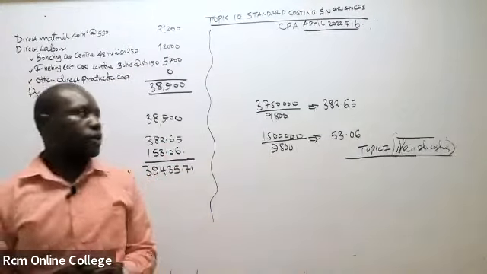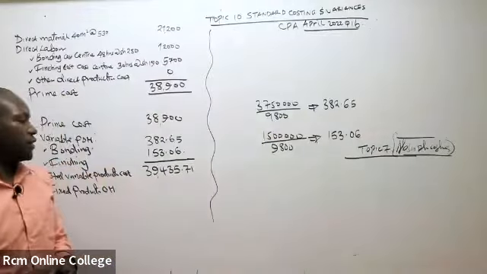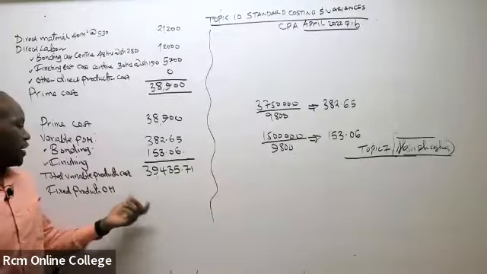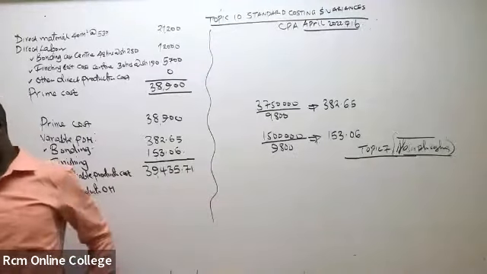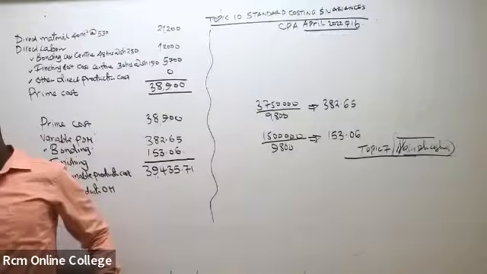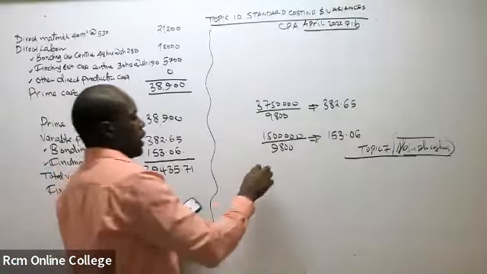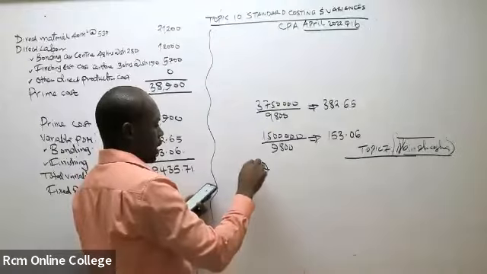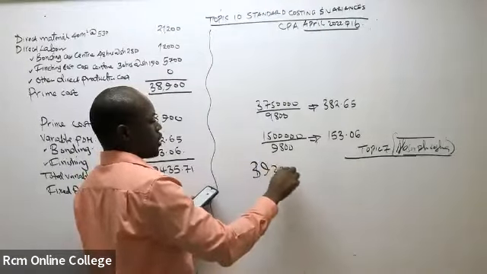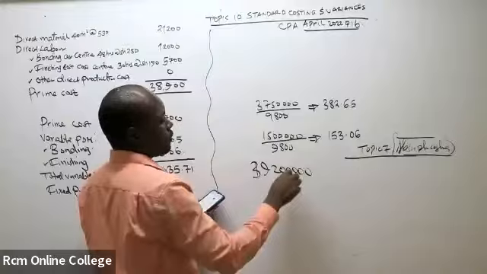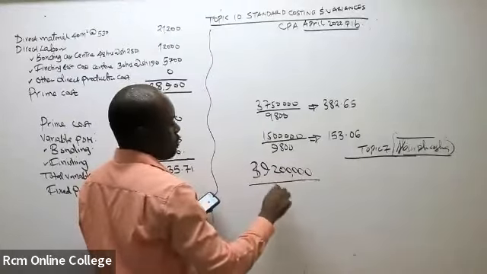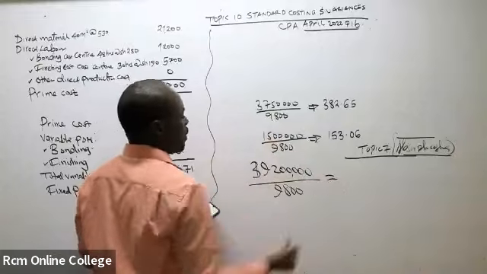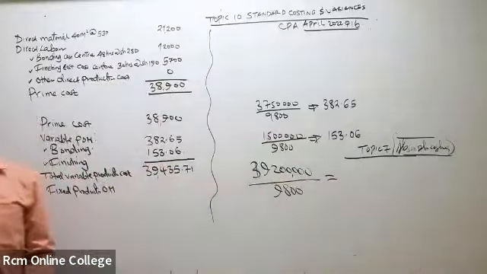Good. So somebody saying that where are we getting 4,000 from? Tumesema fixed production overheads. Tumepewa ngapi? Fixed production overheads tumepewa 39,200,000. We are supposed to divide this by 9,800 to give us the fixed overhead per unit.